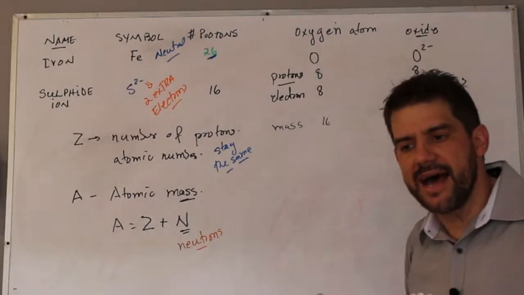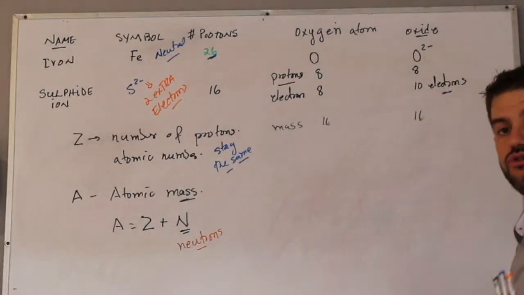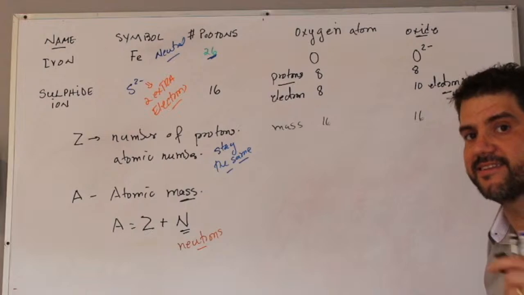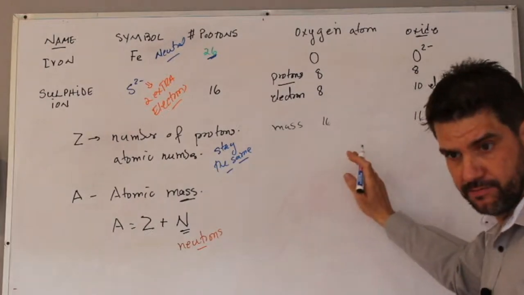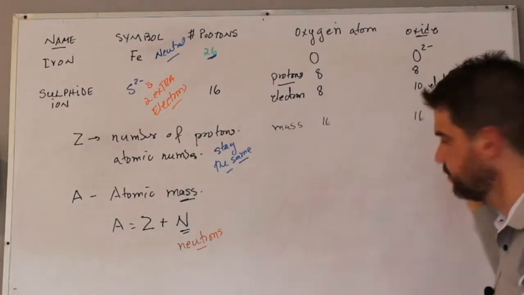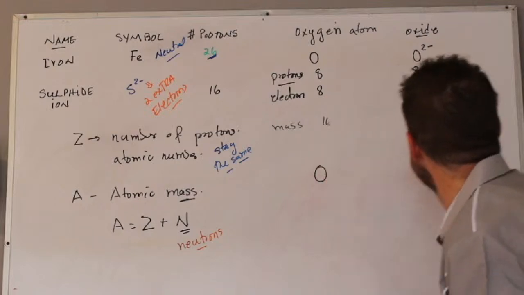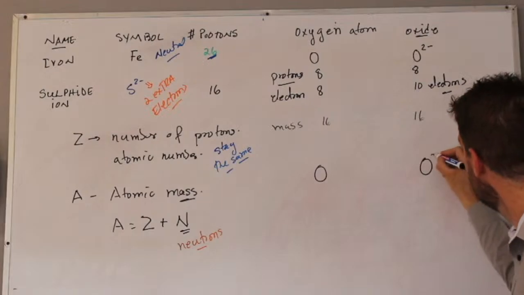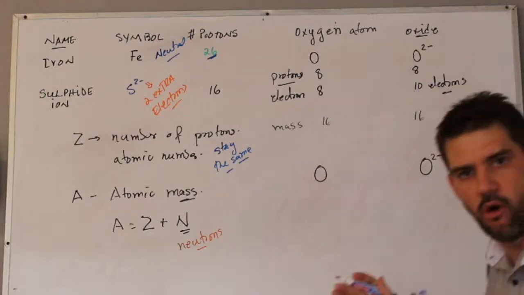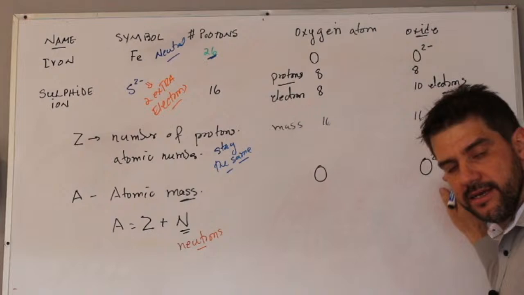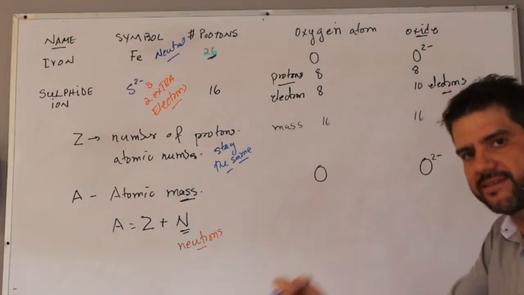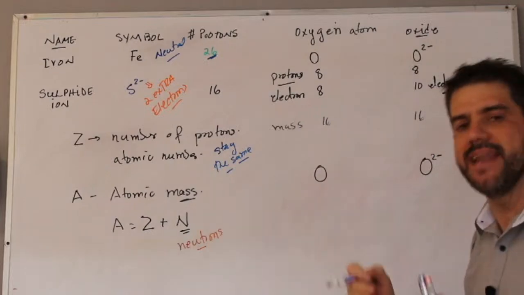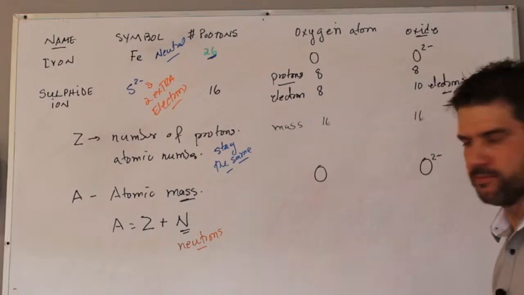If you are asked in the exam to represent the standard notation for oxygen, pardon, oxide: for oxygen it is the symbol, for oxide the symbol is O2 minus. Once more, 2 minus. Why? Because it has 2 extra electrons and became negative by a factor of 2.